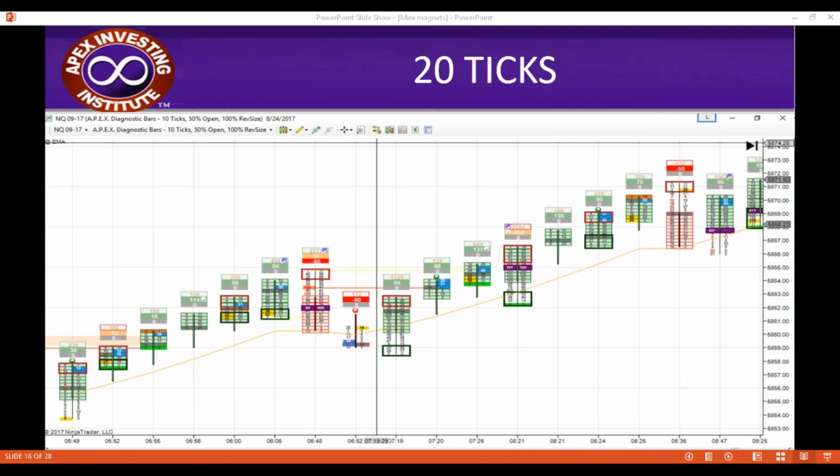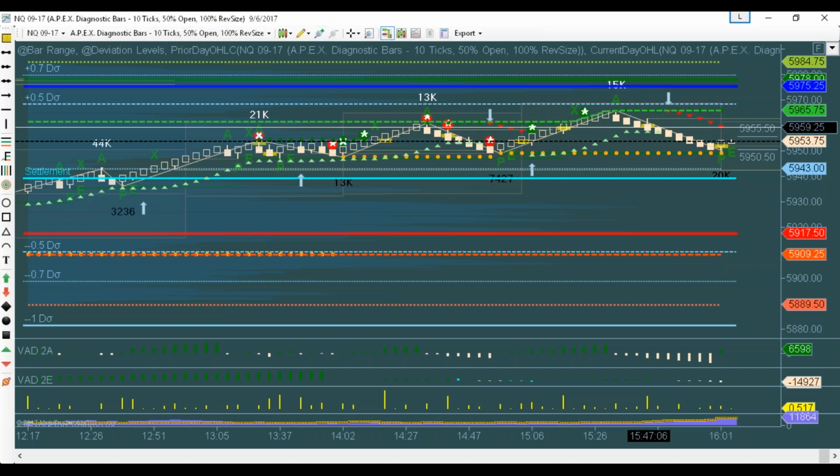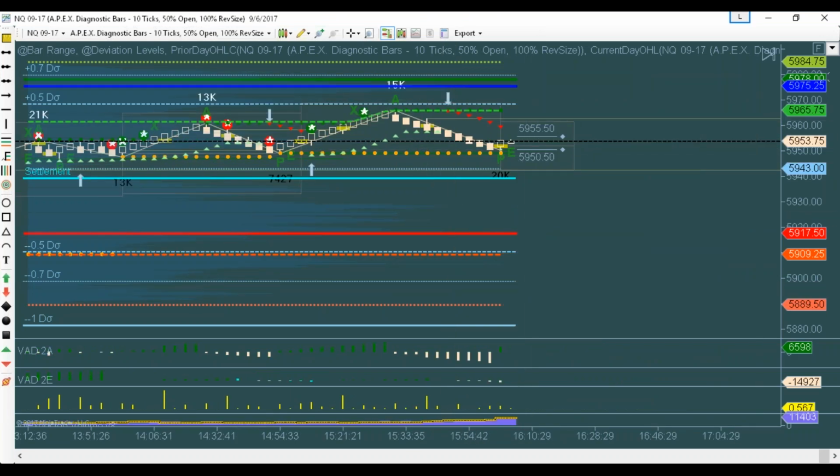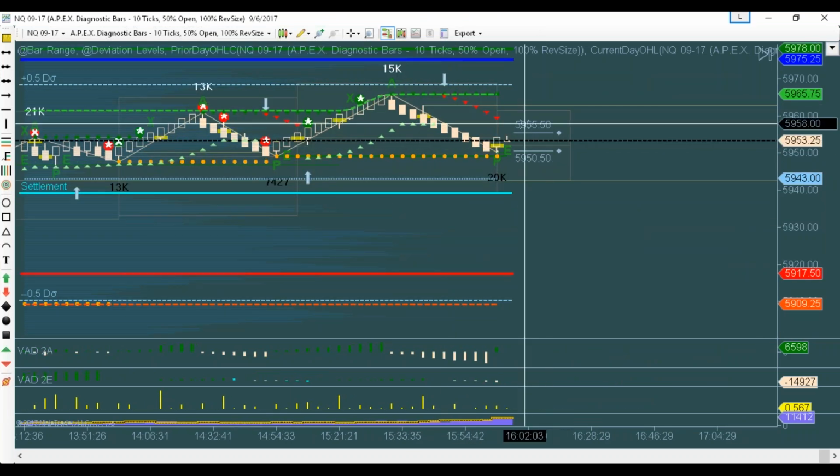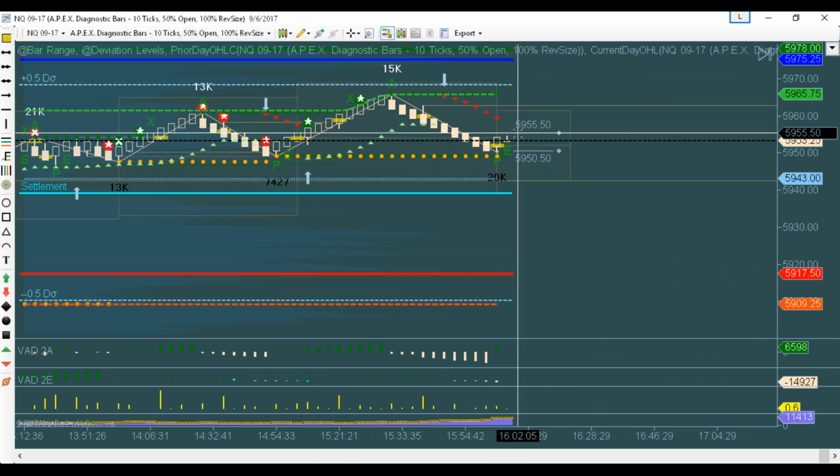What's the max ticks of wick we can have on a 10-tick diagnostic bar? Ezra, the max ticks you can have, well, you'll first of all be able to see that. A couple things. You'll be able to see that for yourself, no problem, using the bar range. First of all, you'll see on a bar while it's forming that the max you can have is for it to be 1 tick under that, basically, or actually right to that number right there.